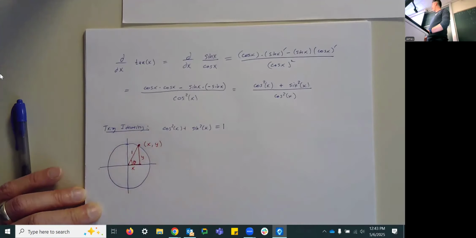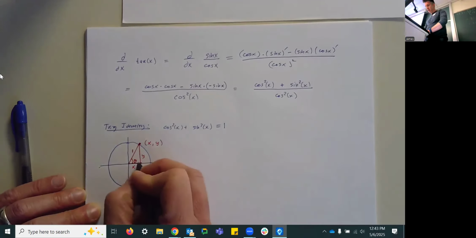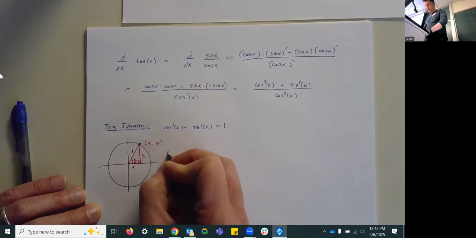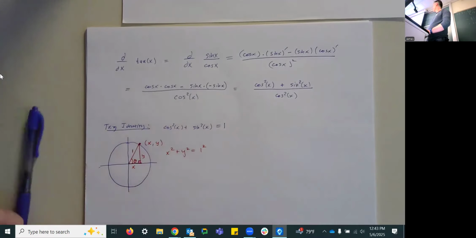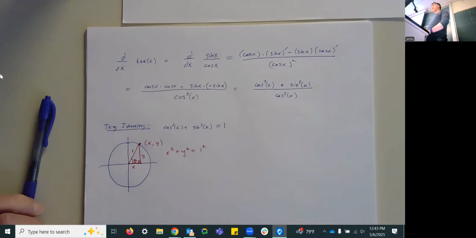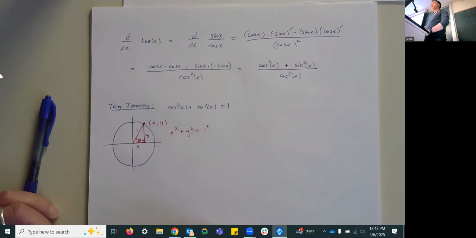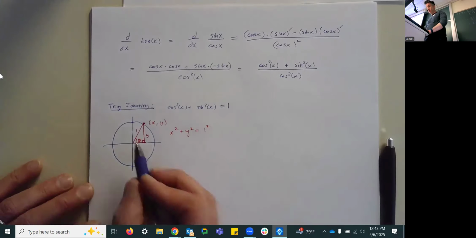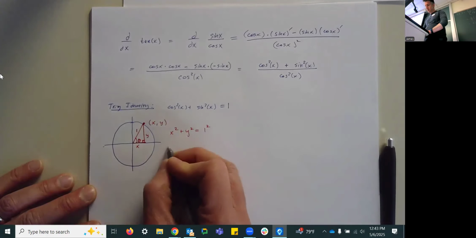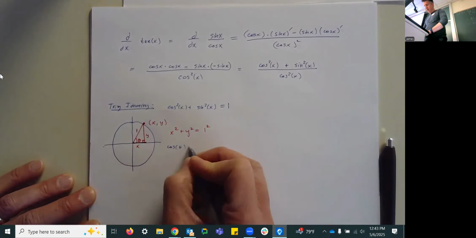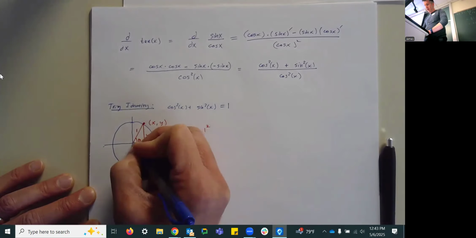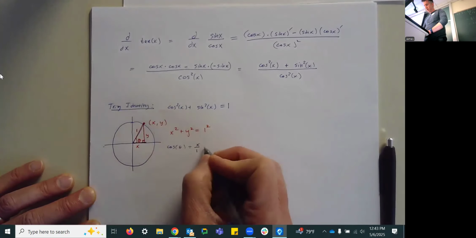So here's what we've got so far. We can say, well, Pythagorean theorem, x squared plus y squared is equal to 1 squared. But you know what else is true about x and y? They're the trig functions cosine and sine. Because if you look at this right triangle, cosine of theta is the adjacent side, which is x, divided by the hypotenuse, which is 1, which is just x.